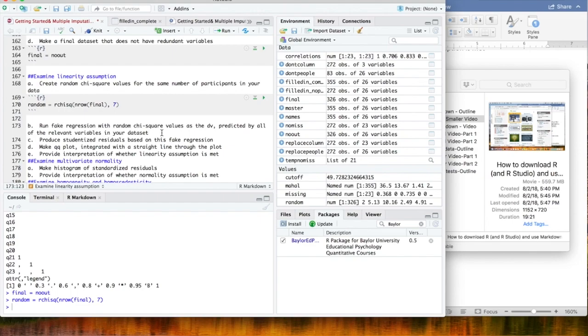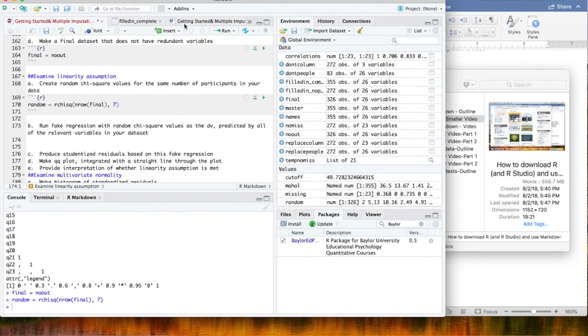Next, you want to run a fake regression with the random chi-square values that we just produced as the DV, predicted by all of the relevant variables, so items 1 through 23. We're going to use the lm function to do this.